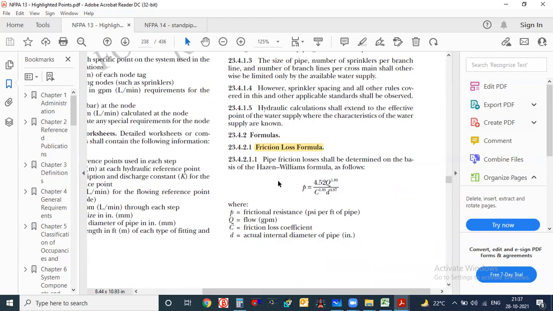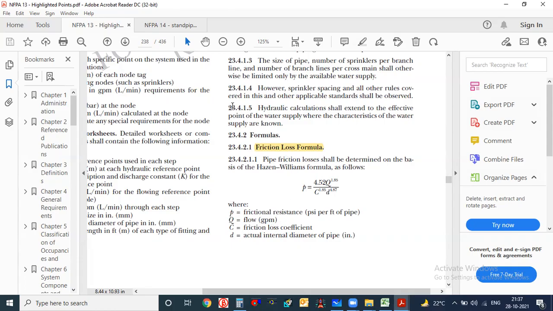Now remember, the Hazen-Williams formula is entirely different from the plumbing formula. In plumbing also we can follow a calculation for pump head, but that formula is entirely different, so we don't need to mix those formulas. Here they have given P as the frictional resistance and Q as the flow.